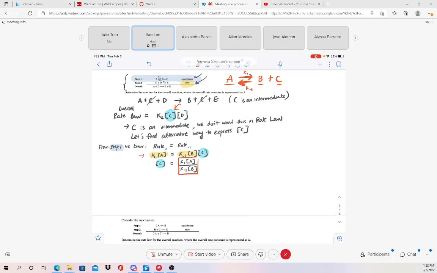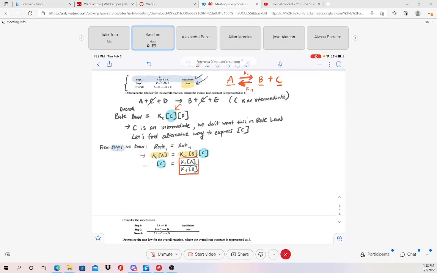If we solve for C, we will have K1 concentration A divided by K negative 1 concentration B. Is that clear?